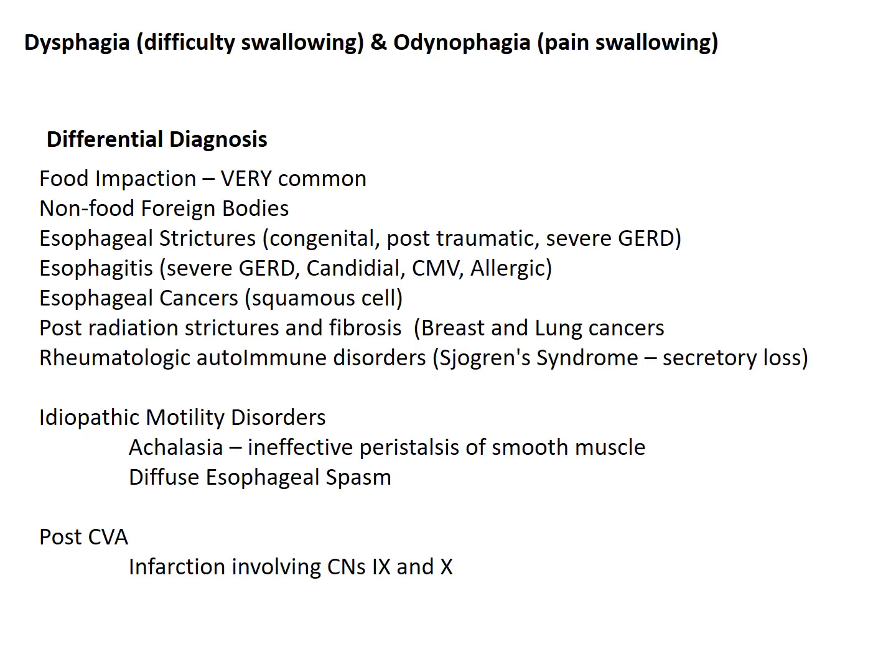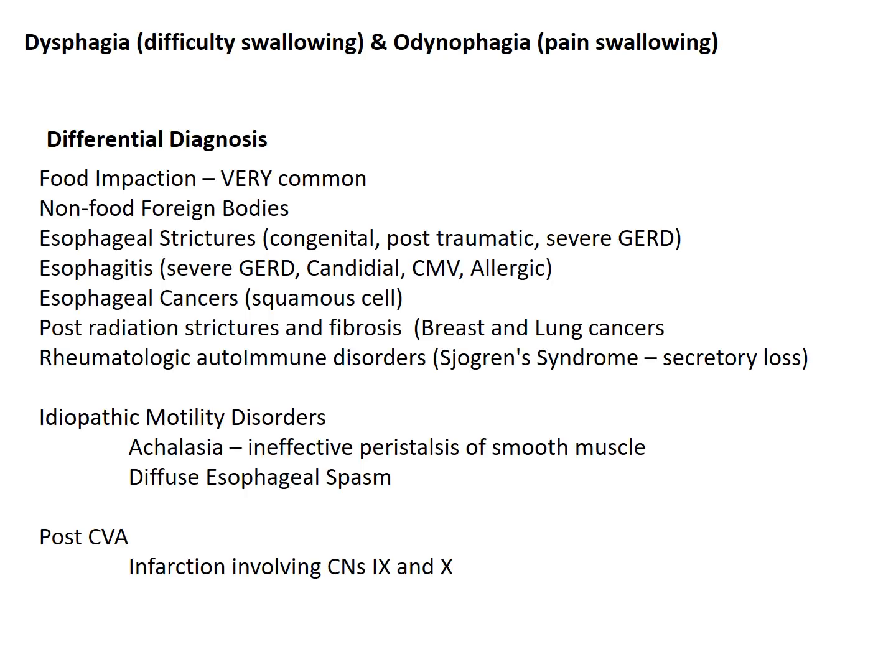So two pathologies, dysphagia, difficulty swallowing, and odynophagia, pain swallowing, and you can see there are a number of different pathologies that can lead to an individual having difficulty getting the food bolus down and having pain getting the food bolus down.